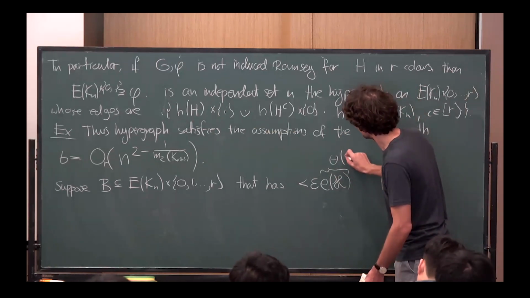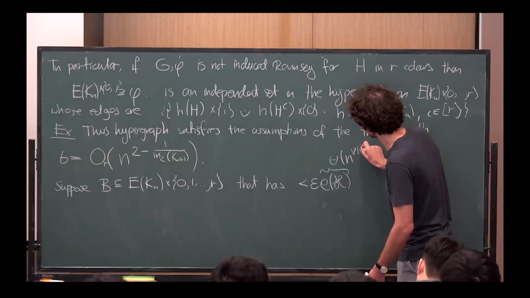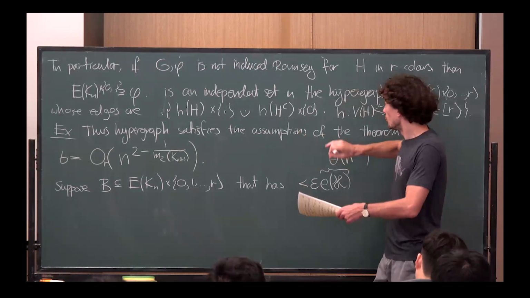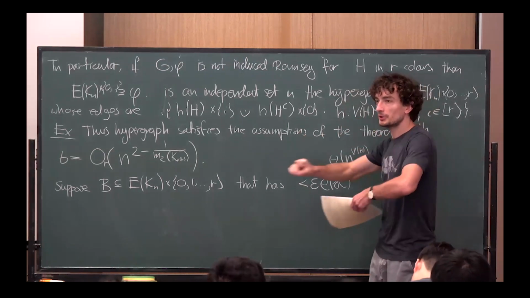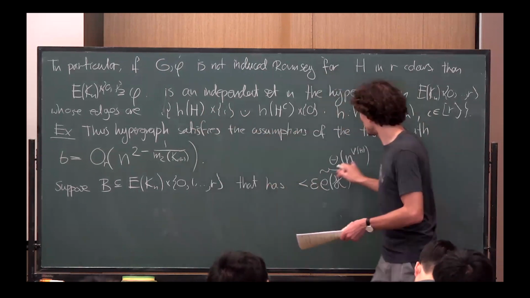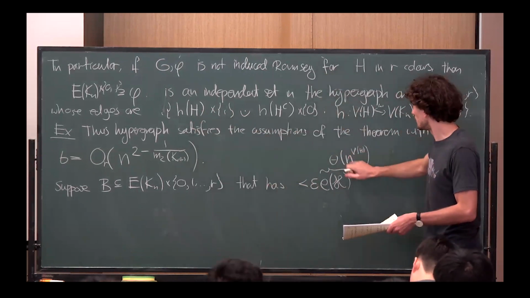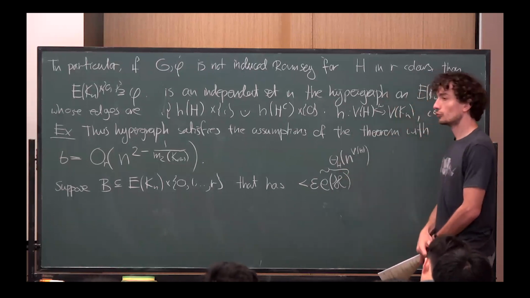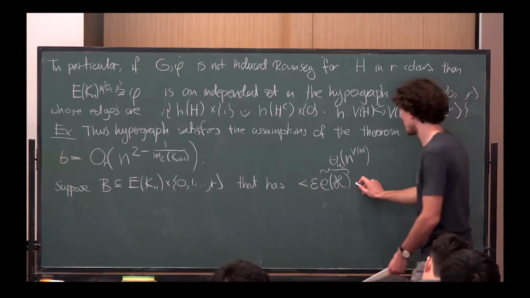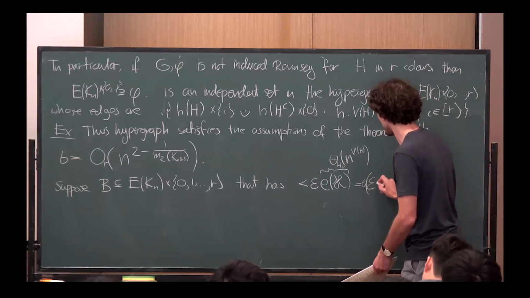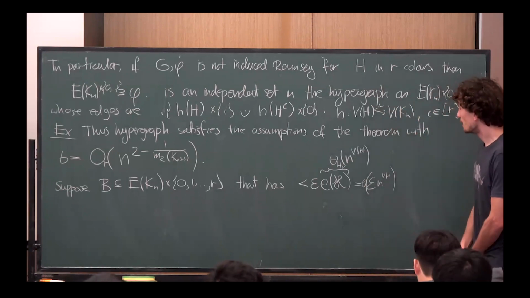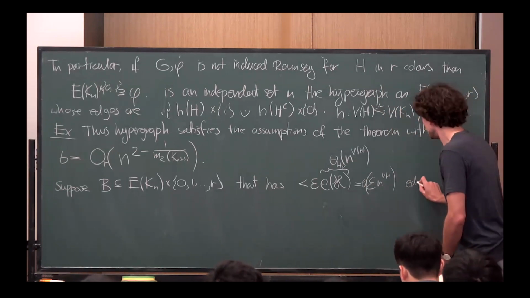So this is theta of n to the V(H). Also, different injections may give us the same subset of vertices in a different order, and these would be the same, but up to a constant that depends on H, this is n to the V(H). So theta of epsilon n to V(H) edges.